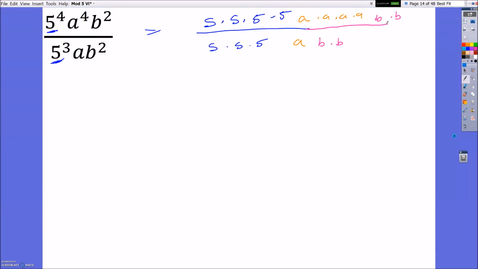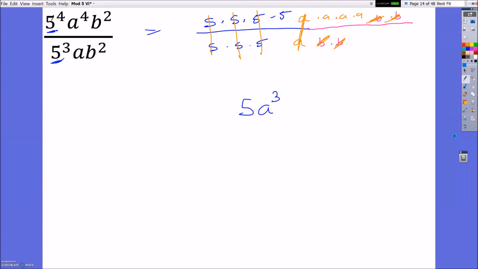I don't expect you to write this out, but I want you to have a visual of what this looks like. So if I were to divide these, 5 divided by 5 cancel, 5 divided by 5 cancel, so on and so forth. Then these a's cancel, and then these b's cancel, and these b's cancel. That means I'm only left on the numerator with 5a to the 3rd power.